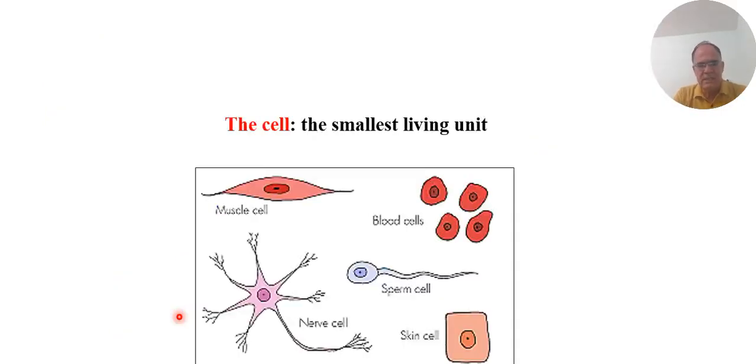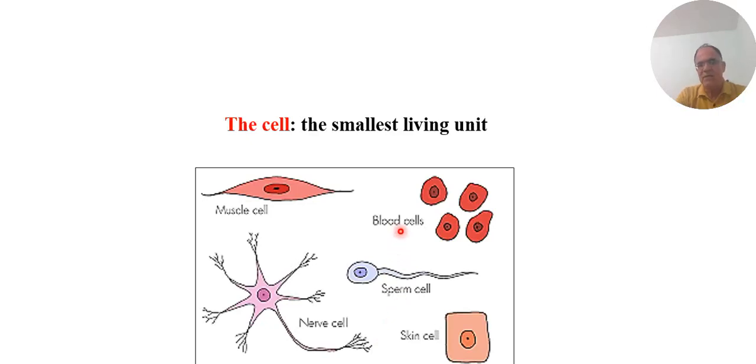In this slide, you can see different types of cells in our body. For example, muscle cells are found in our muscles. Their function is to contract. Another cell, the nerve cell, is found in our nervous system. These cells receive signals or messages from the external or internal environment and send them to other parts or cells of our body.